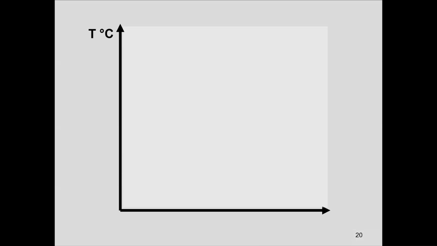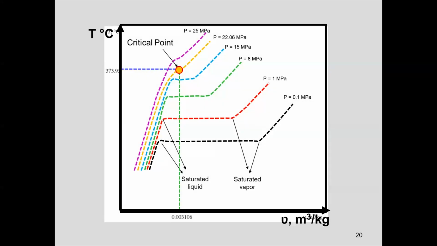Moving on. Now let's say I have this temperature and specific volume curve, and these are the different pressure lines for the change in temperature and specific volume. Let's say I take this point, this point, this point, this point.